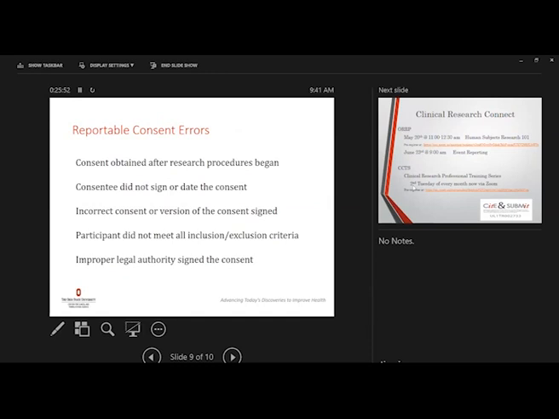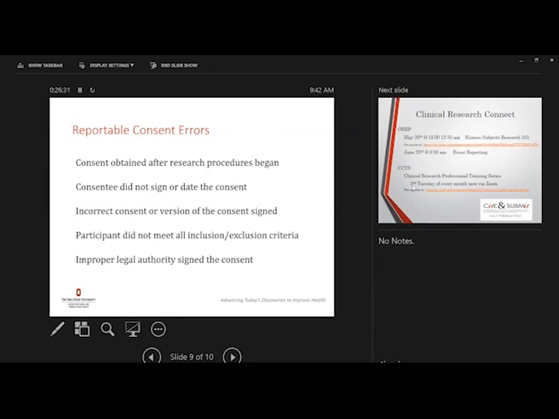If you ask a patient to get labs before they're actually consented, that would constitute a protocol violation, and then also asking them to fast. If you're asking them to do something that is for the research study only before they've actually signed the consent, you need to be careful about some of that. Some of those at Children's, we would actually have a screening consent form in order to carry that out.